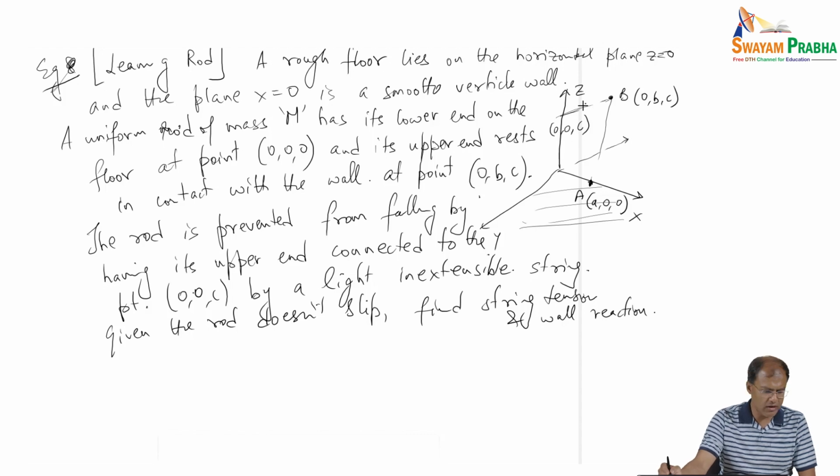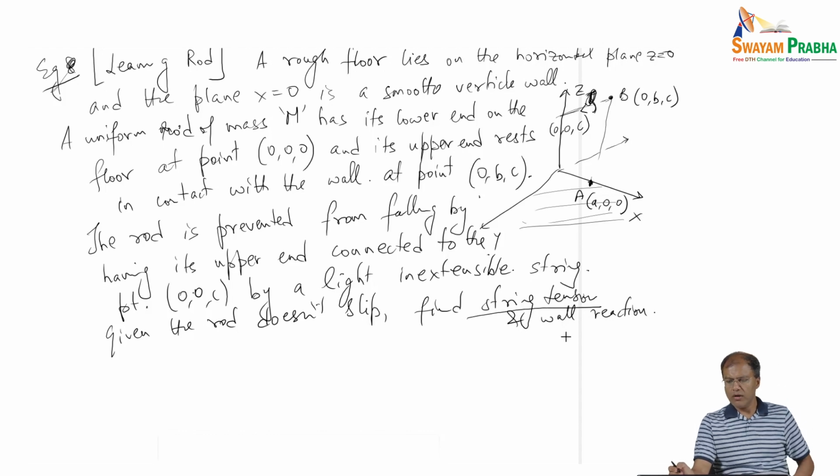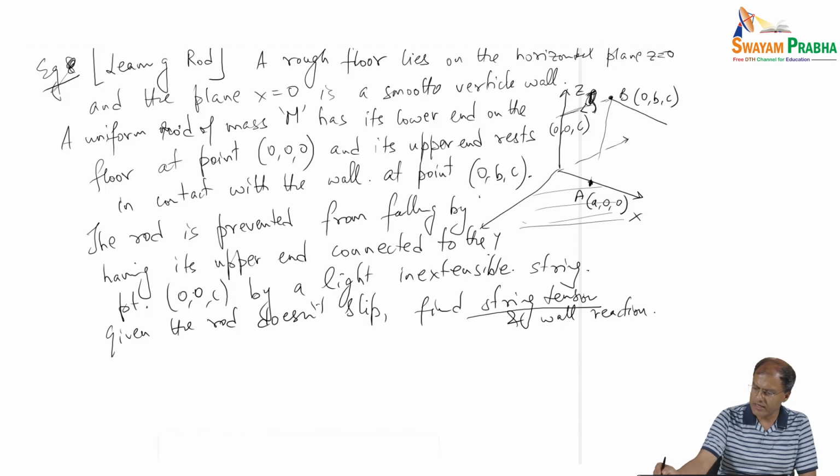So there is some sort of a tension here. We can call this tension Q for the time being. And now we have to find Q, the string tension, and the wall normal reaction. The wall is along the YZ plane, so the normal reaction P will be along the X direction.